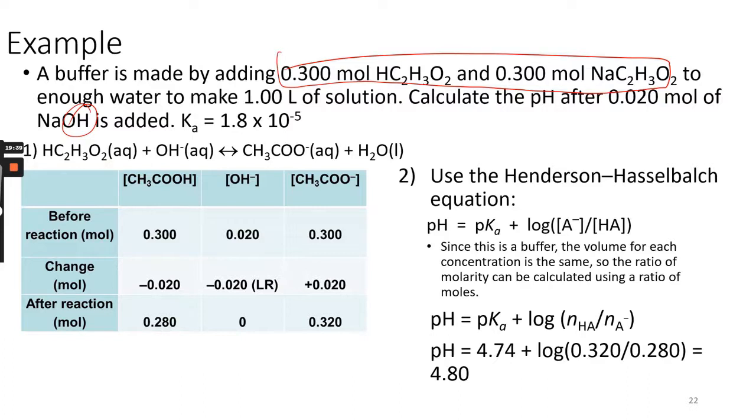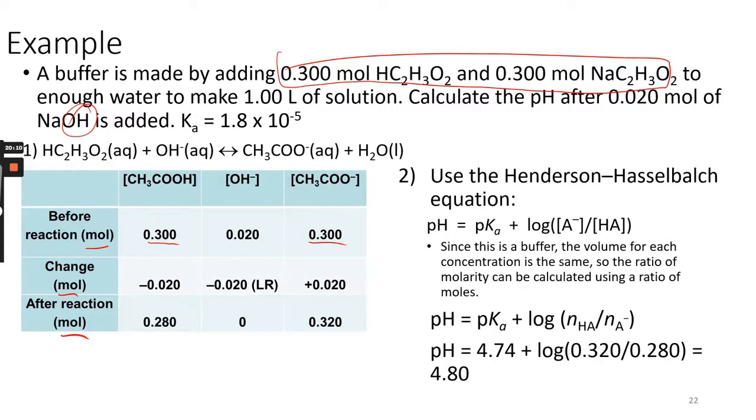So here is our reaction. We have our acetic acid plus our OH minus from the sodium hydroxide, and that's going to give us acetate plus water. So we set up our ice table. We started with 0.3 of acetic acid and 0.3 of sodium acetate. Since the total volume of your buffered solution is not really changing, we can use moles here.